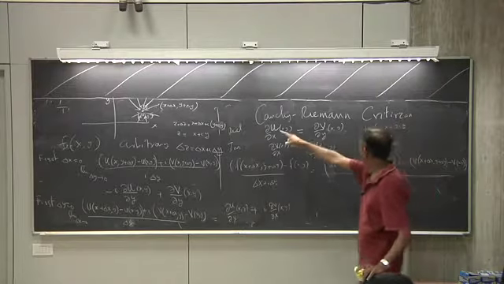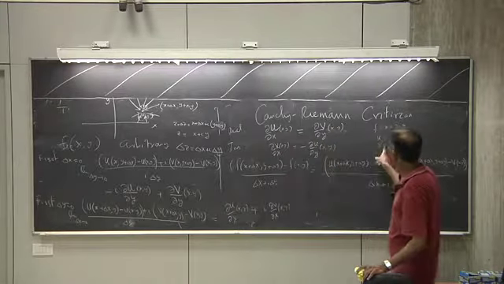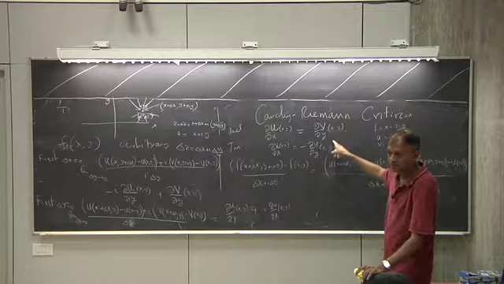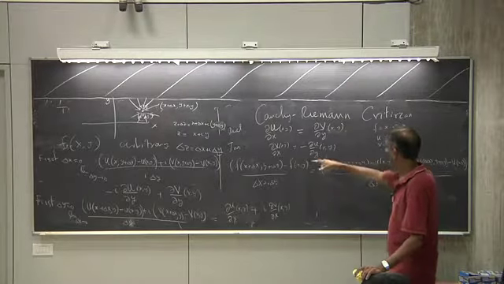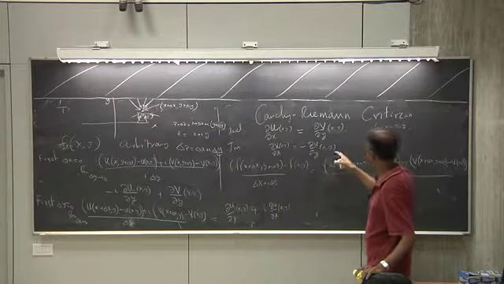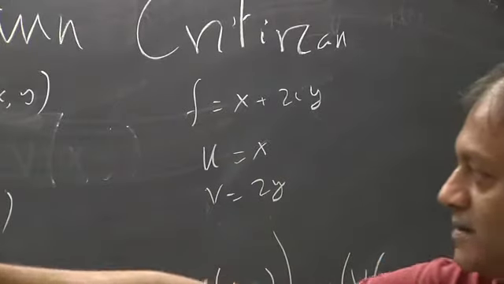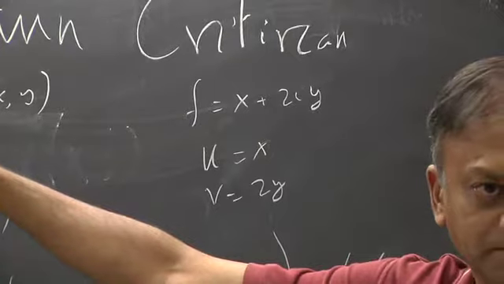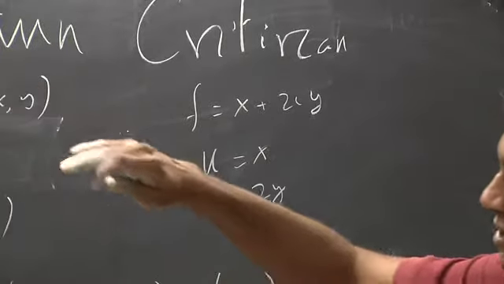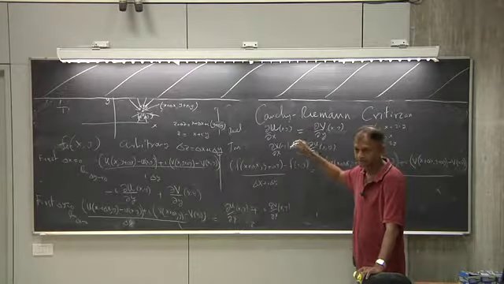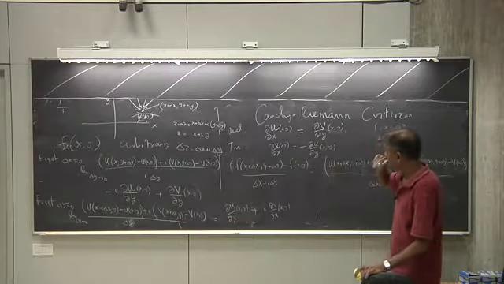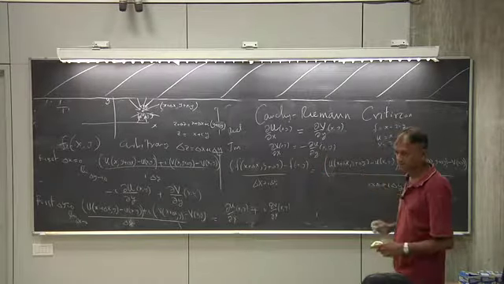It will not satisfy: du by dx is 1, dv by dy is 2. It doesn't satisfy. This other one is satisfied though, because du by dy for this example is 0, and dv by dx is also 0. So for a function to be analytic, both these conditions must be satisfied. This is a very, very strong condition, actually.